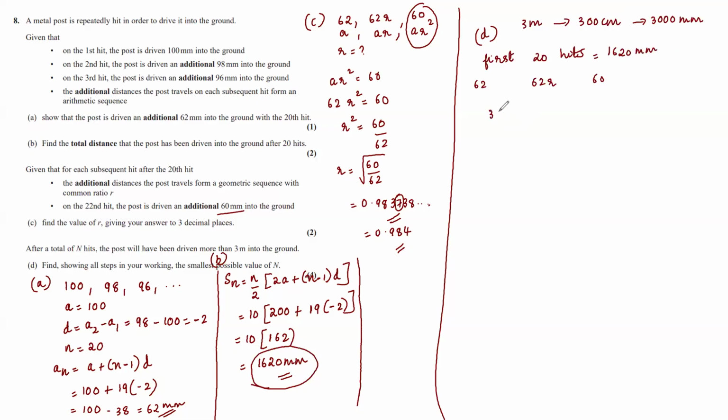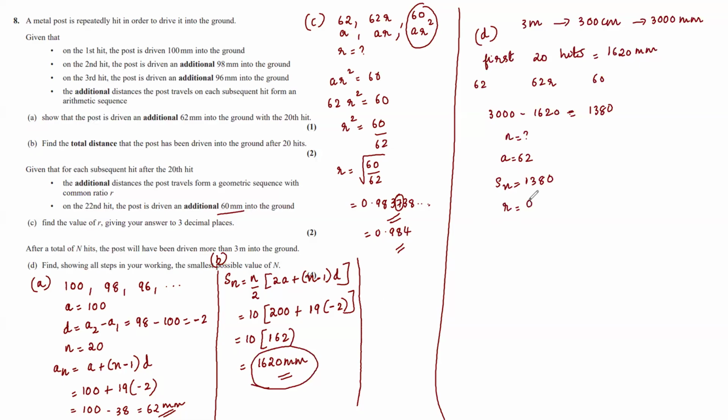Subtract 1620 from 3000, so 3000 minus 1620 will give us 1380. So n is what we need to find out. A is 62 and the sum of n terms for this geometric sequence should be 1380.